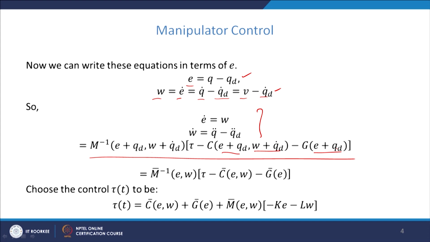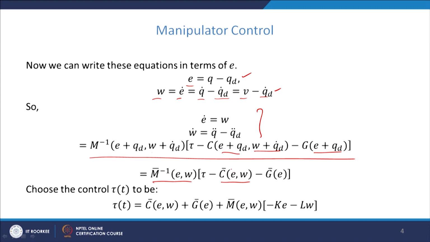Now, when we write the same equation only in terms of e and w, we can give this particular notation. Instead of writing M inverse of e plus q d etc., we can write it in a shorter form as M bar inverse of e and w, a function of e and w, and similarly C of e plus q d etc.